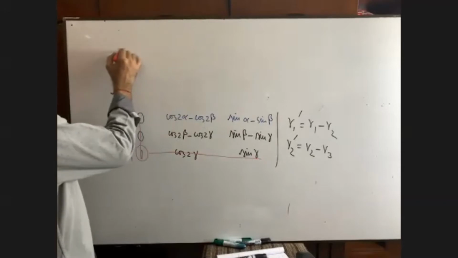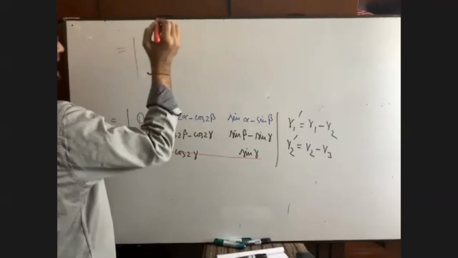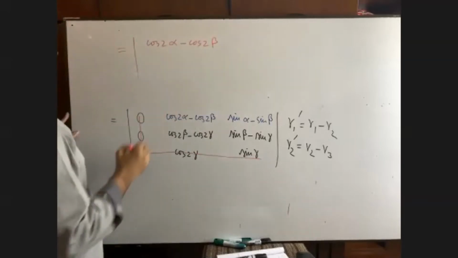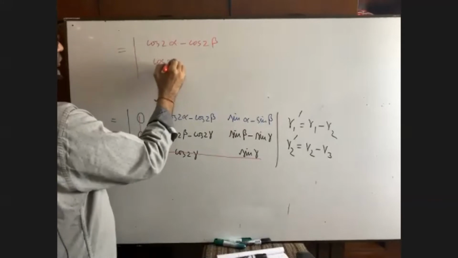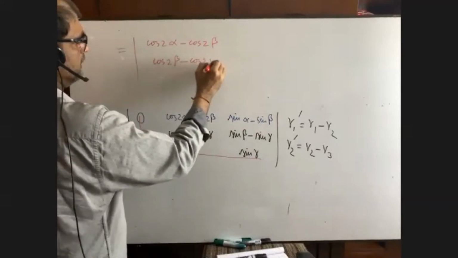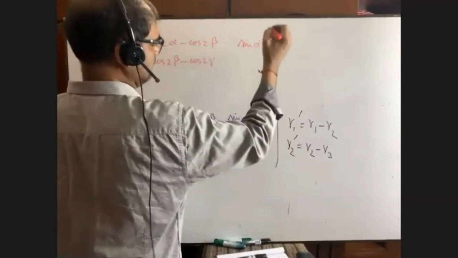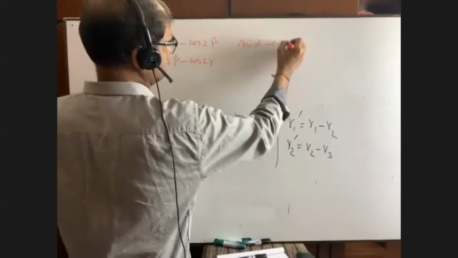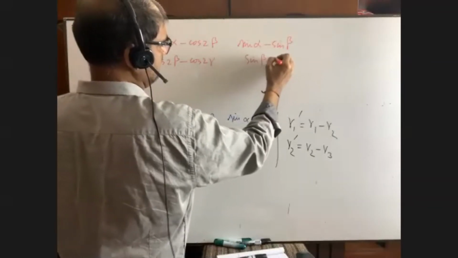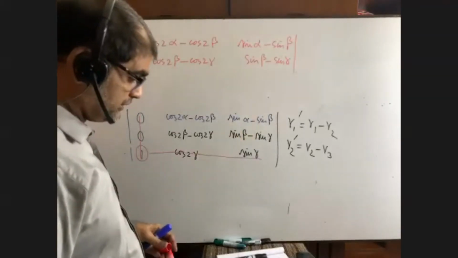So we are left with cosine 2 alpha minus cosine 2 beta by cosine 2 beta minus cosine 2 gamma, and sine alpha minus sine beta by sine beta minus sine gamma. It is our math.